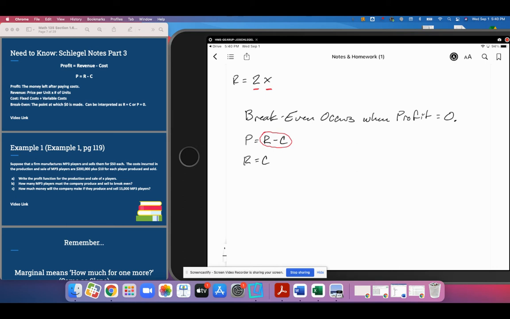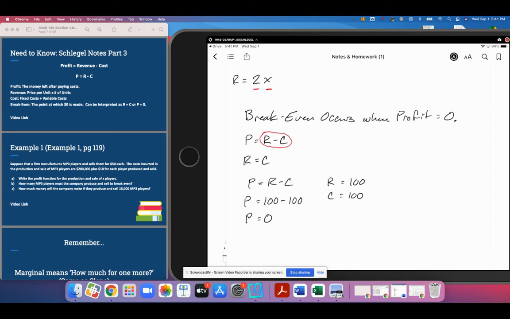Let's do a quick example illustrating that. So if I've got profit equals revenue minus cost, and my revenue is 100, and my cost is 100. If I were to put those into this profit function, I would have profit equals revenue, which is 100, minus cost, which is 100, and my profit would be equal to 0.